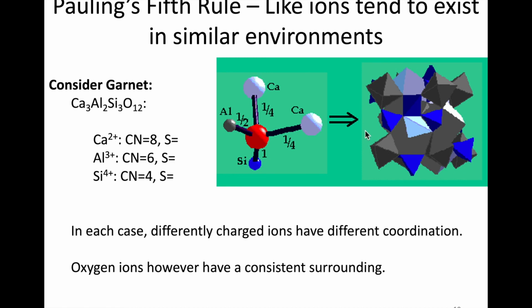So you see this very complicated structure, but that's showing you that like ions, like the oxygen, will tend to want to be in similar environments. However, if we have differently charged ions, then they will tend to have different coordinations. But oxygen tends to have very consistent surroundings.